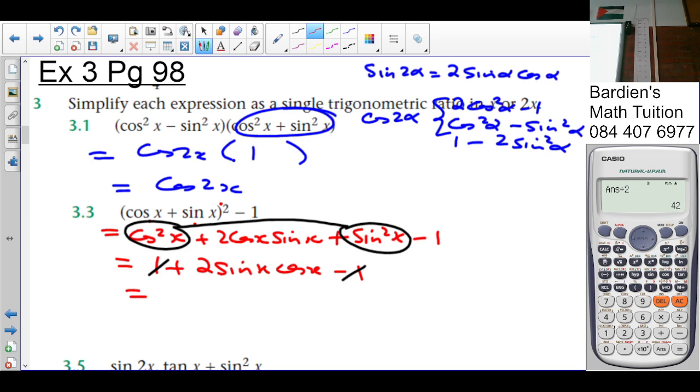So we're left with 2 sine x cos x. And 2 sine x cos x is also what? Sine 2x. Okay. Any issues here? No?